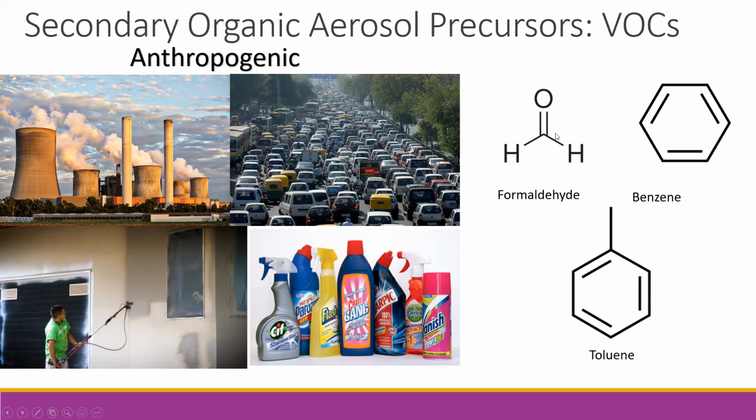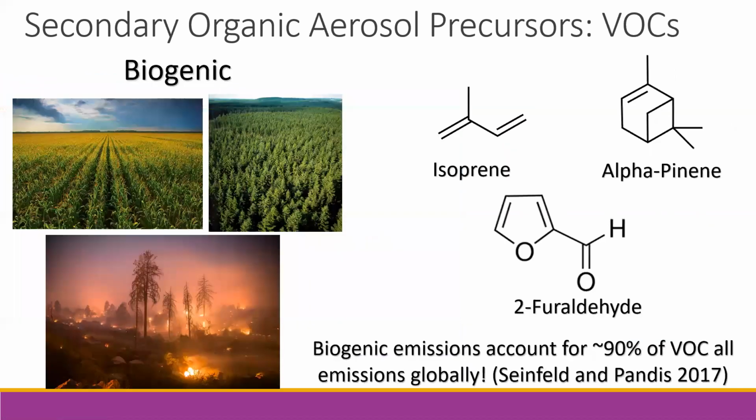On the right here, formaldehyde, benzene, and toluene are really good examples of anthropogenically released VOCs. But the other very important form of secondary organic aerosol precursors are biogenic VOCs. You can get biogenic VOCs from wildfires. They can release compounds like 2-furaldehyde, which is a very common compound coming from wildfires.